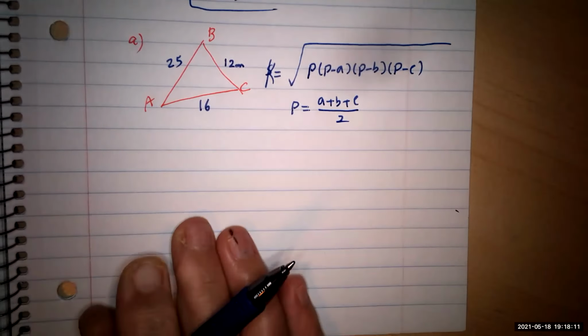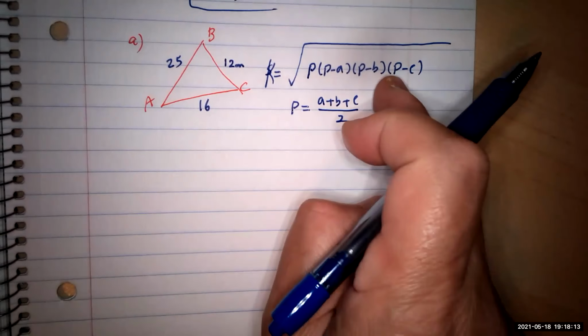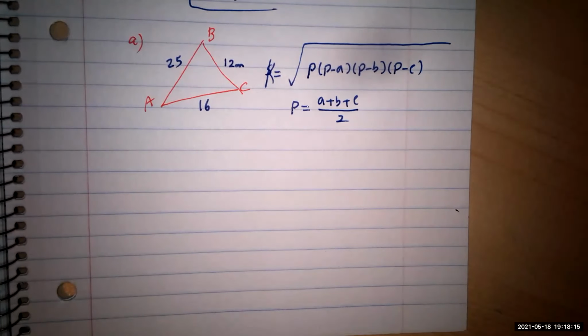That's the formula. But if you want to prove this formula, you have to go with the rule of the cosine. In your book, they give you the formula. We let you use it on the test because it is in your book.